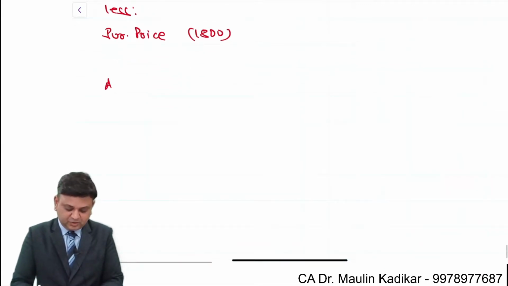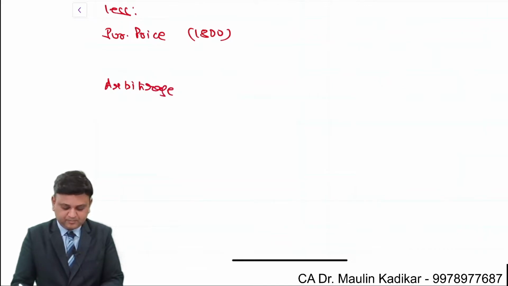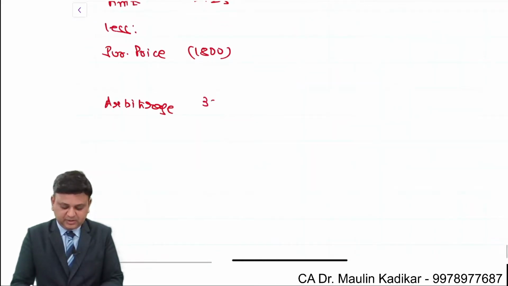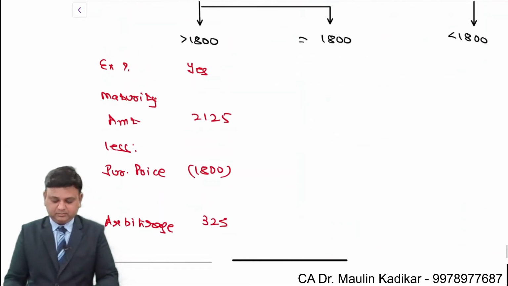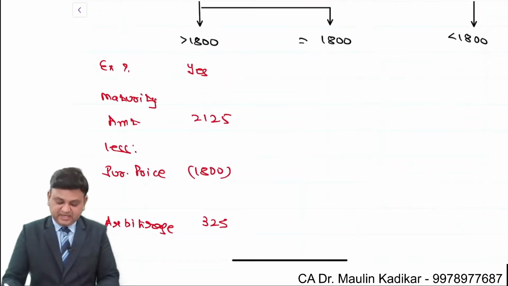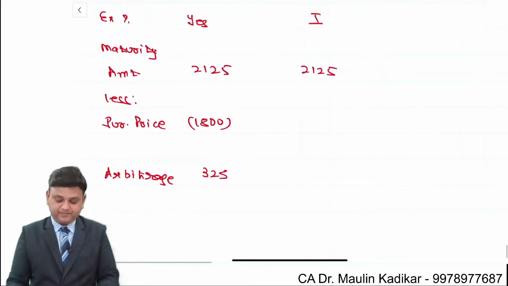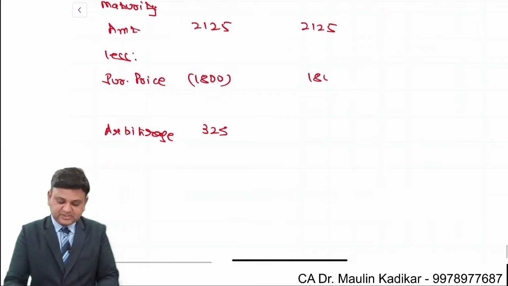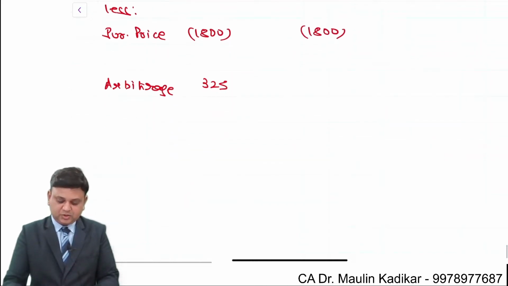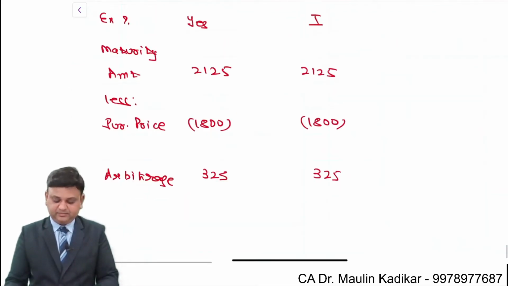So difference of both of them is arbitrage, and that is an amount of 325. In the second case, you are indifferent. Maturity amount is 2125, purchase price is 1800, so arbitrage is 325.